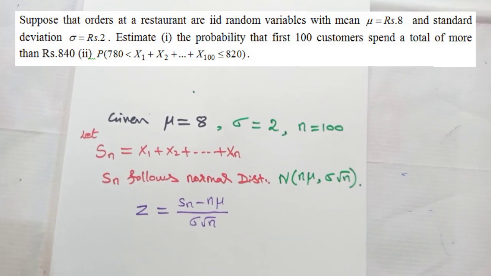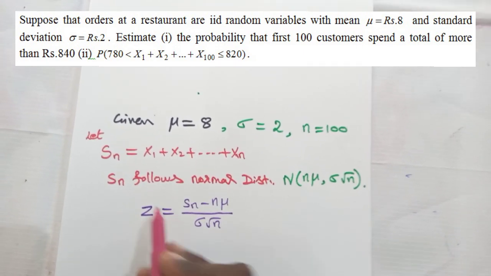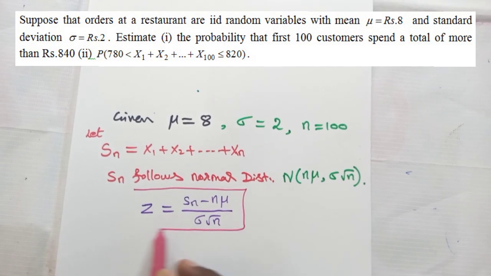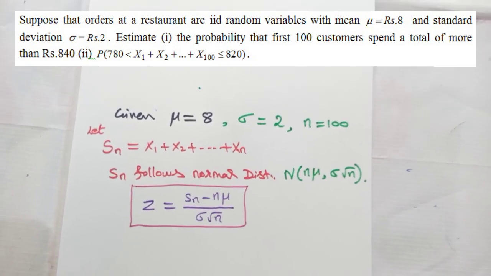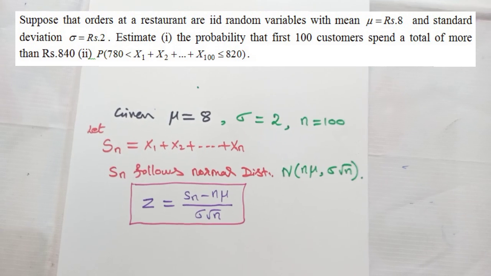So this is the formula for the normal distribution, where Sn is the sum of n random variables.